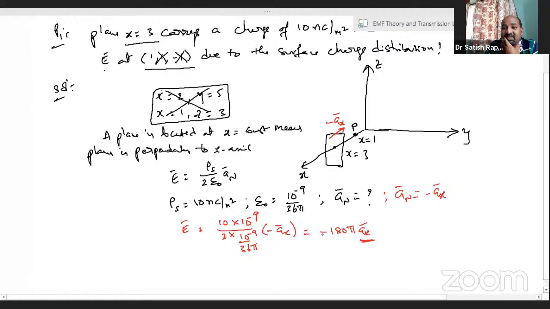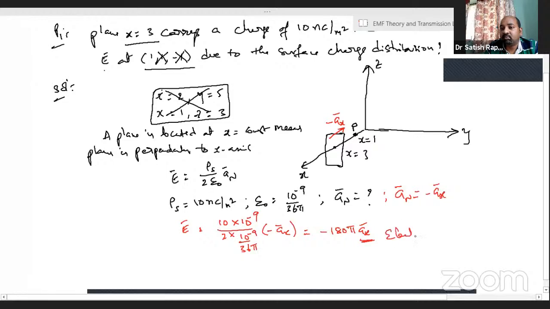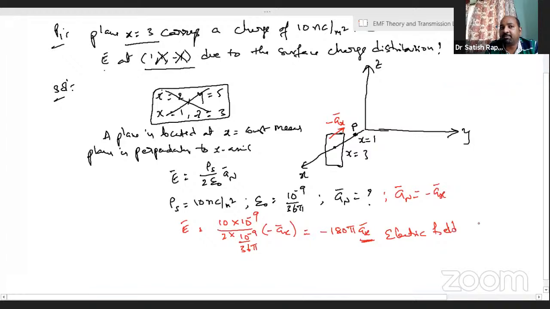Here we have minus ax bar, right? So the electric field is in the negative x direction.